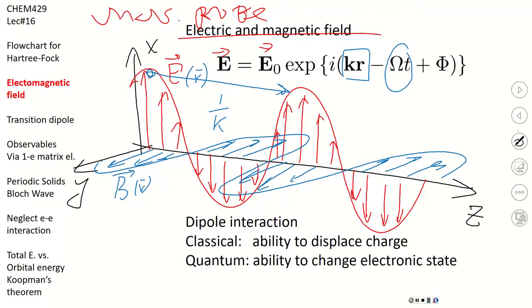So electromagnetic radiation is like an infinite wave of electric field strength E, this red stuff, and magnetic field B, this blue stuff, that oscillate in space and in time and propagate.